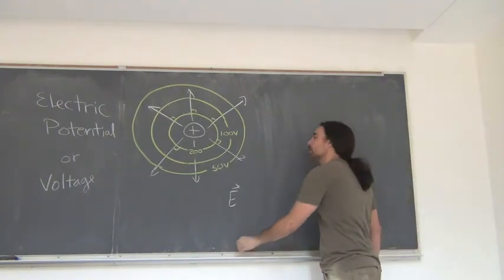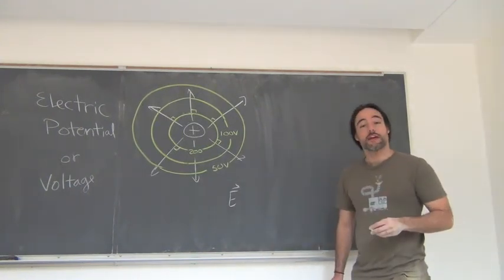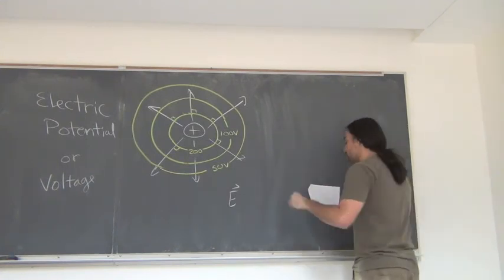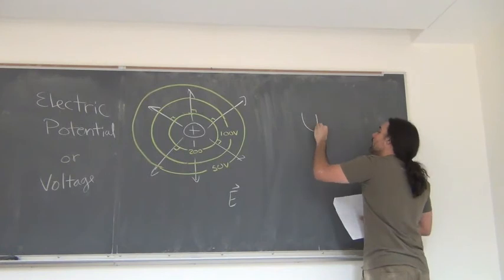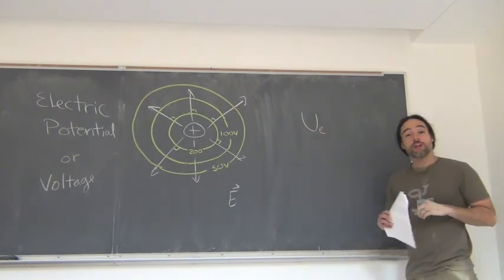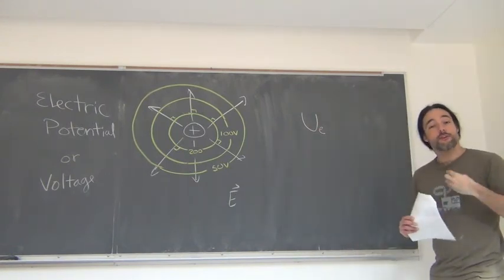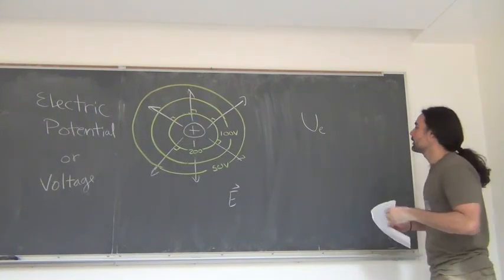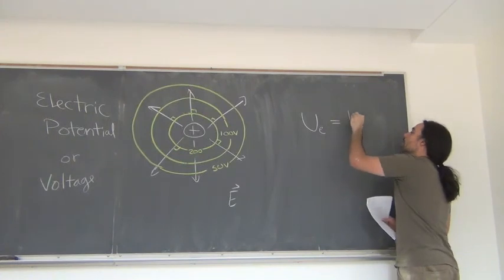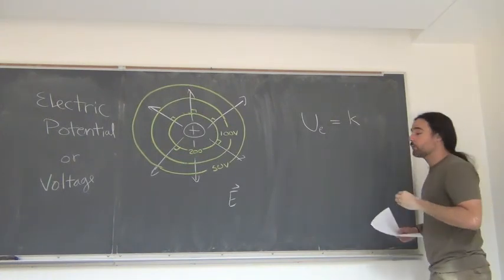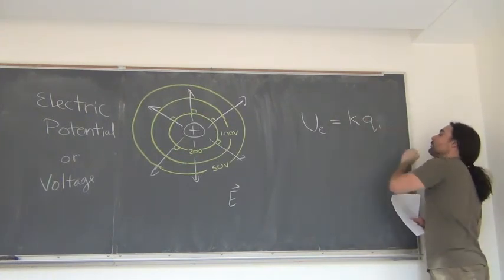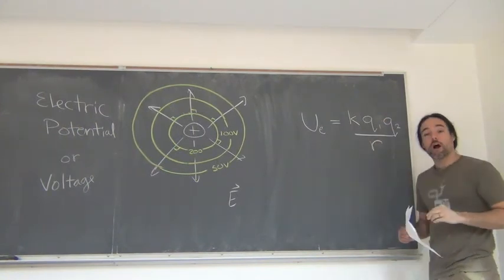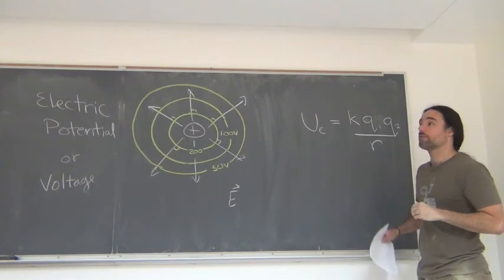So how do I actually compute what that potential is for that point charge? Well, one thing that helps is if I know what the potential energy is. And there's a very simple formula for the potential energy between two charges. It's k, the electric constant we've written down before, Q1 Q2, divided by r, where r is the distance between the two charges.